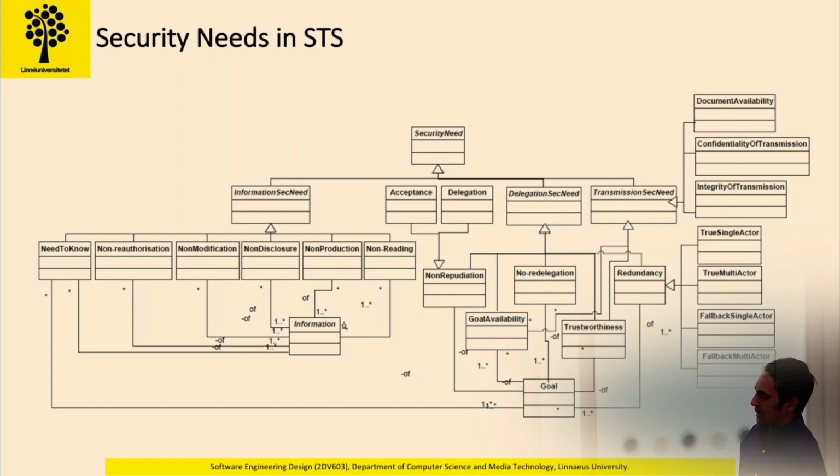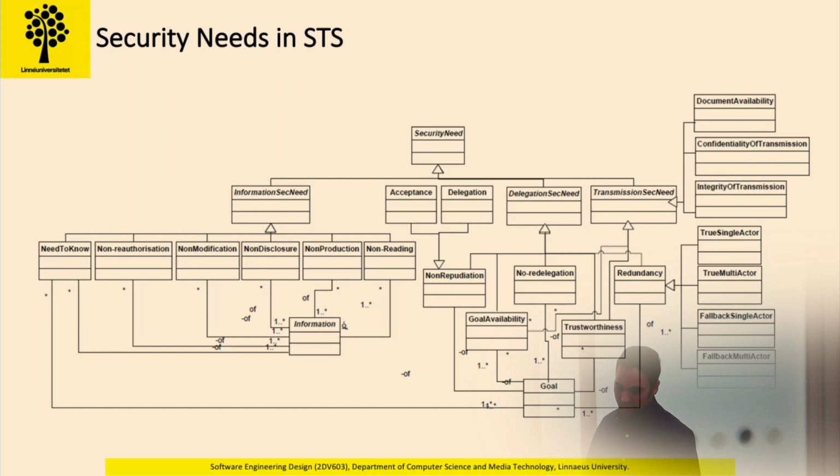So socio-technical systems. There are basically two levels of security. One is about the goal, and one is about the information. Goal is when one actor or agent is delegating a goal to another actor or agent.